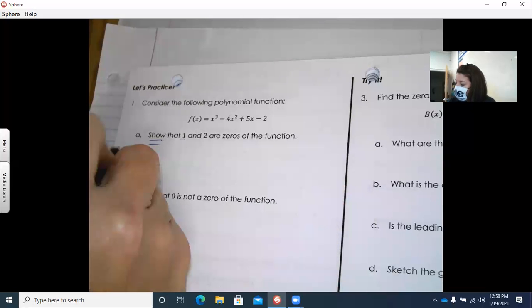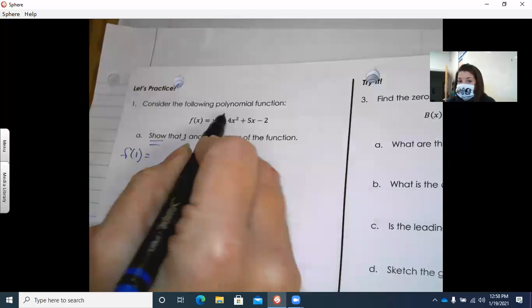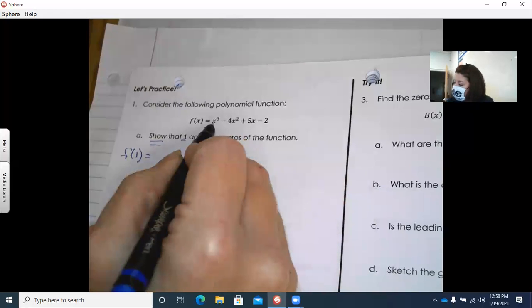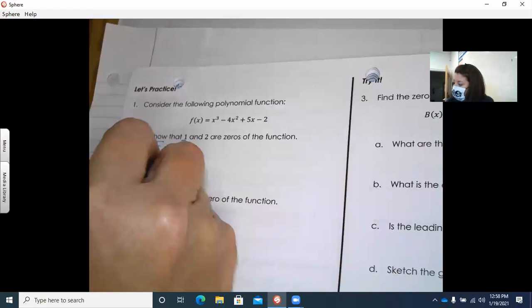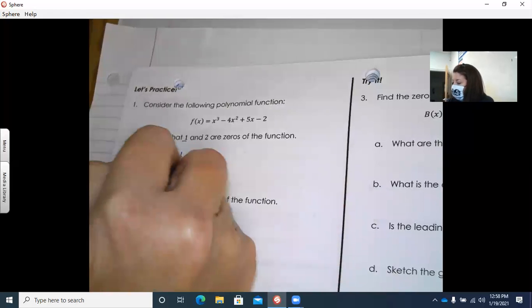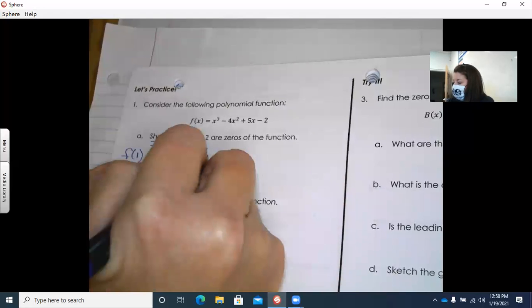So I'm taking this problem wherever I see an x, and I'm going to be real careful with parentheses. I'm going to plug in a 1, substitute in a 1. So that would be 1 cubed minus 4 times 1 squared plus 5 times 1 minus 2.